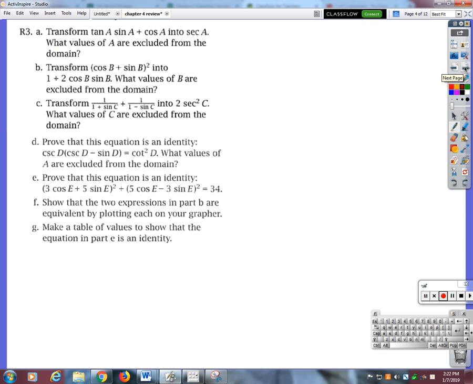All right, next one. So one of the main things that we did in this chapter is transformations. And I know that they were a little bit challenging, but that's okay. So they want us to take tangent of A times the sine of A plus the cosine of A and turn that into secant.